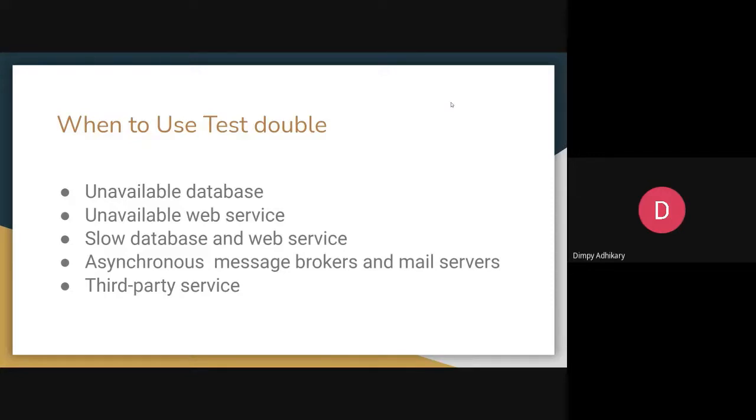And another example I could think of is a message queue or mail servers, right? Suppose for a particular scenario, you need to send some message to a message queue, and based on some processing, some logic, it will send a mail to a mail server, and then it's basically a chain of asynchronous calls, right?